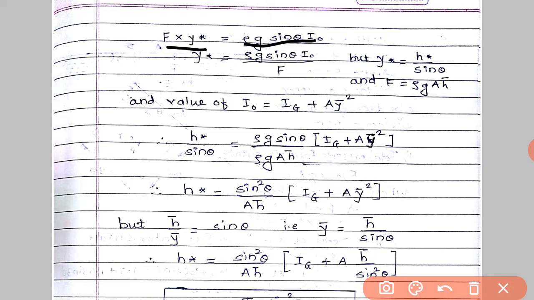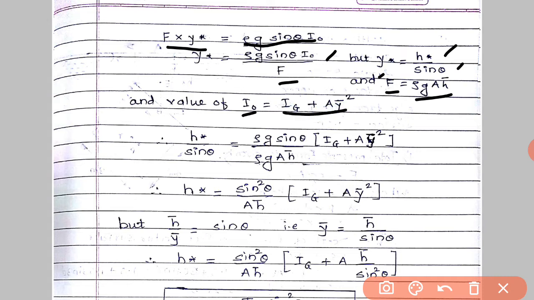So here we get y star is equal to rho g sin theta I0 divided by force. But we know that force will be equal to rho g a h bar, and y star equal to h star upon sin theta from the geometry of the diagram, and value of I0 will be Ig plus a y bar square.